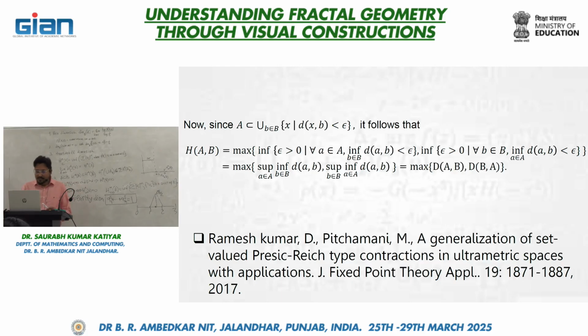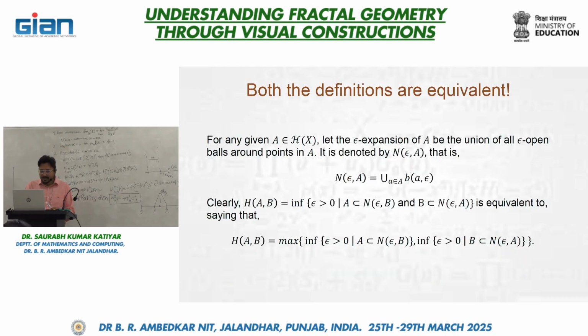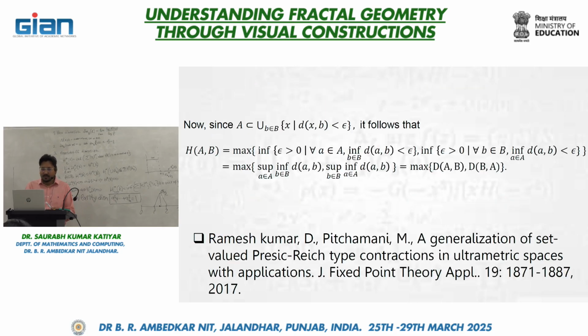Now since you have taken A is a subset of, then what will happen? Then you replace. Wherever A is there, in this last line, A is a subset of N epsilon of B and B is a subset of N epsilon of A. Then you replace.